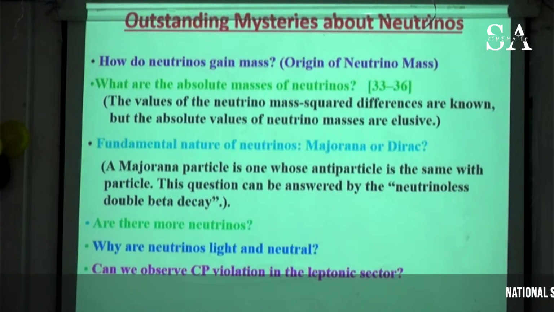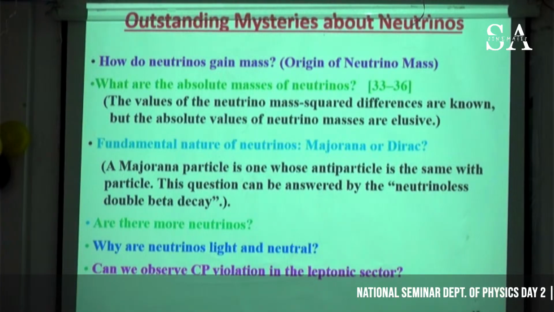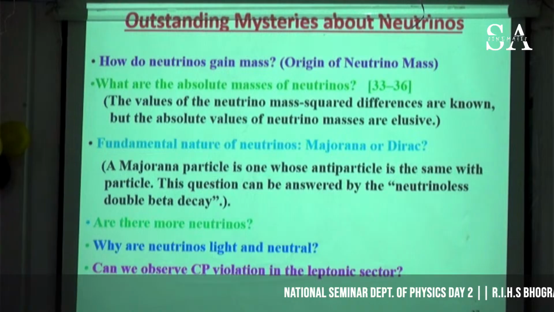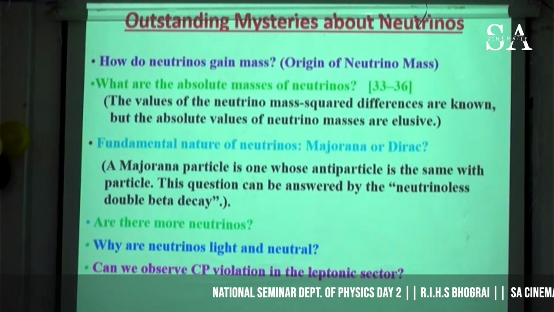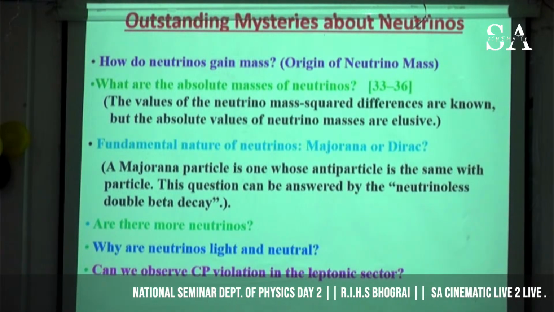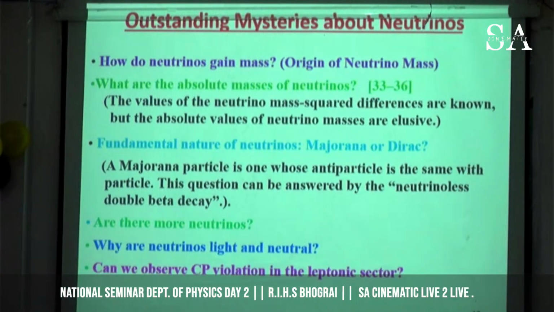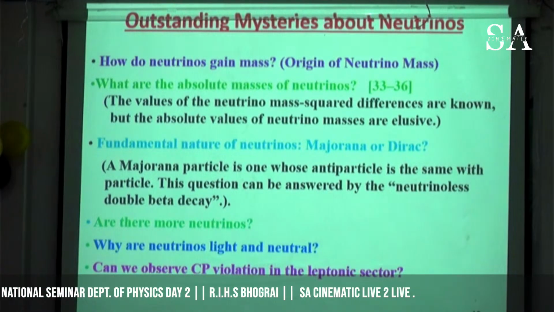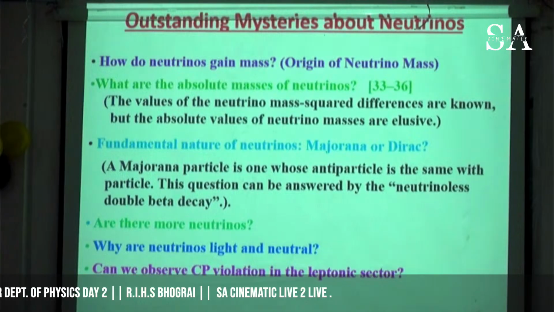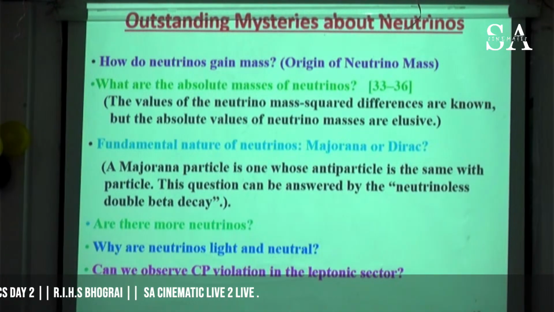That is outstanding. How do neutrinos get mass? Already I said that the Higgs boson provides mass, but so far it is not confirmed whether neutrinos get mass from the Higgs boson or from some other mechanism.